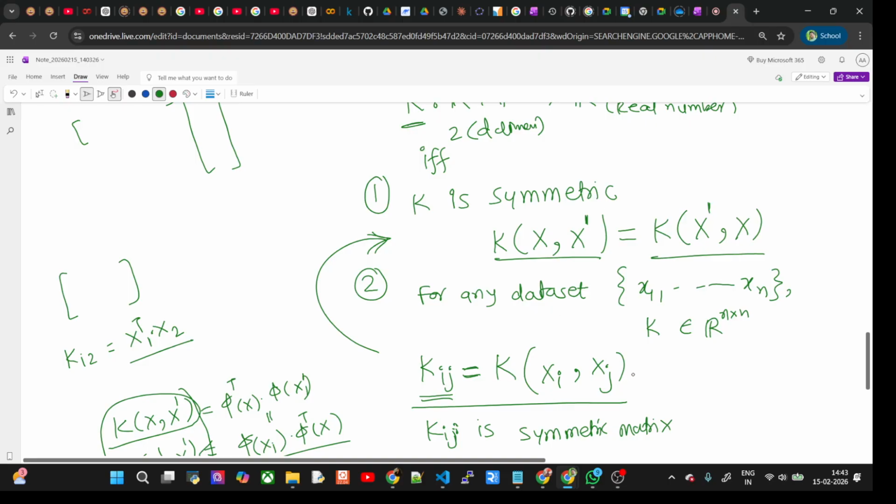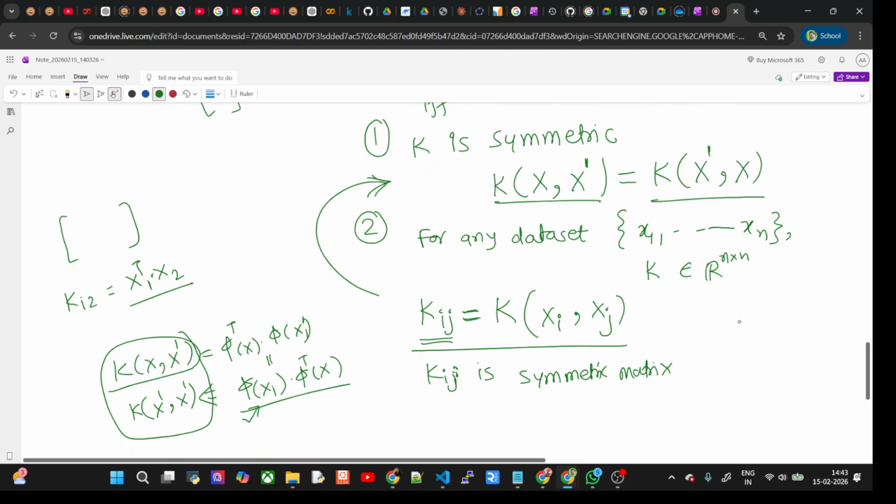Okay, Mercer's theorem states that whatever kernel you are taking, if that kernel is a symmetric kernel, then it's a valid kernel. Plus there is one more condition: for any data set x1 to xn, if you calculate the K_ij value, and you put the same x_i and x_j into the kernel, you should get the same value.